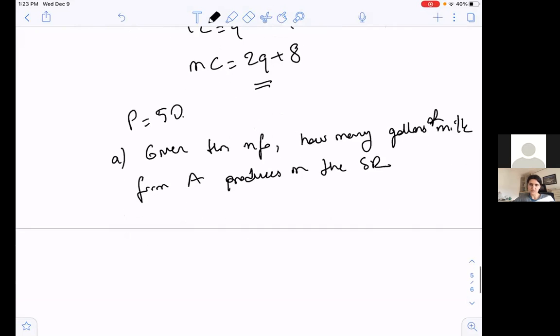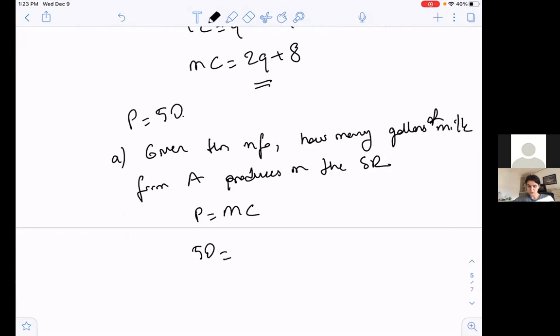So again, what are we gonna do? Price equals the marginal cost for the representative firm in a market. So 50 equals 2Q plus 8, 42 equals 2Q, and Q equals 21. This is how much it's gonna produce.